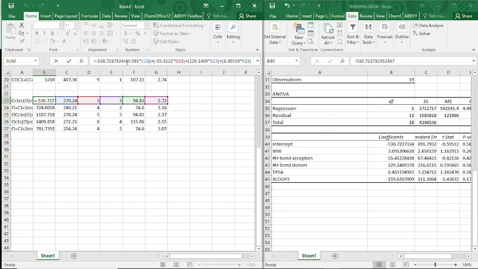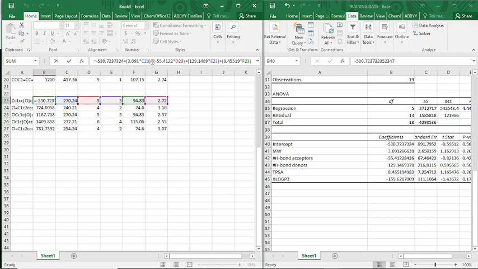After plus, the next thing is B1S1, which means B1 times S1. I open brackets to put the times. The coefficient of molar weight, 3.091, times the value of the molar weight, 270. That is my C5.